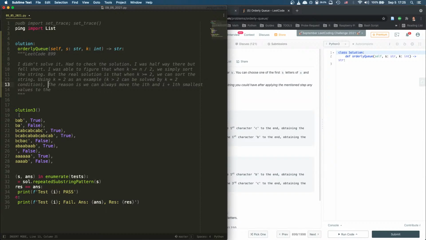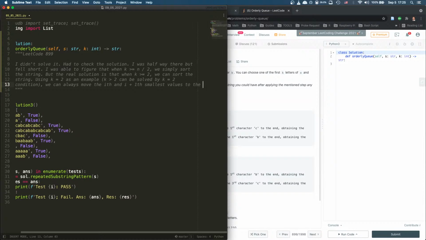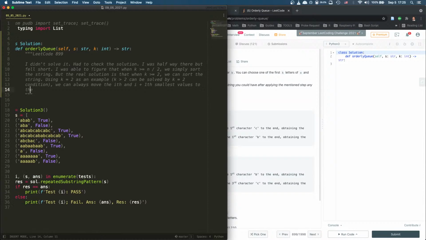We can always move the smallest and this value to the front two positions, then we move the ith smallest to the end.